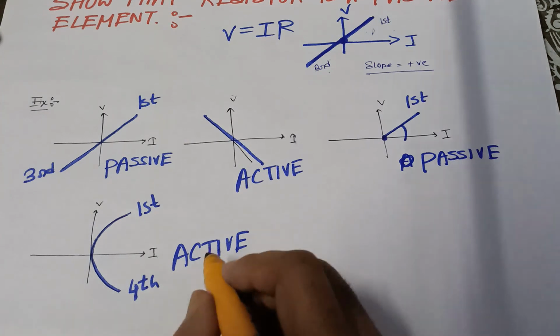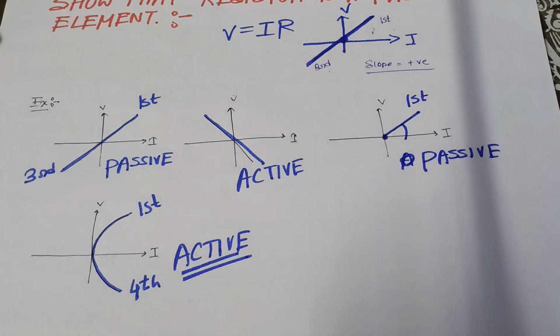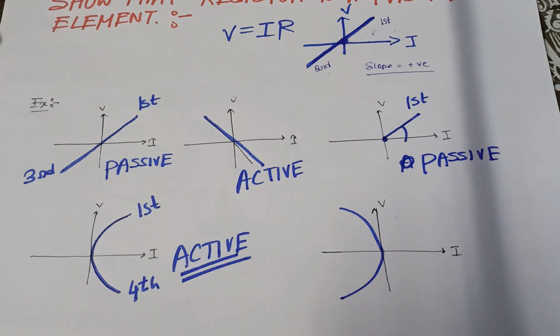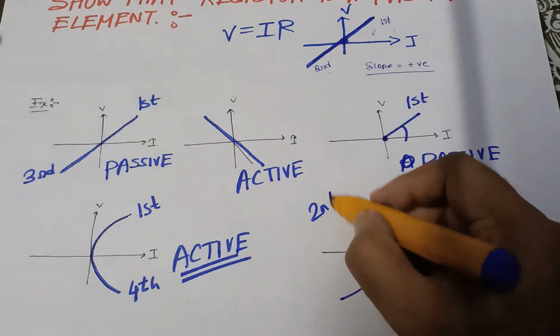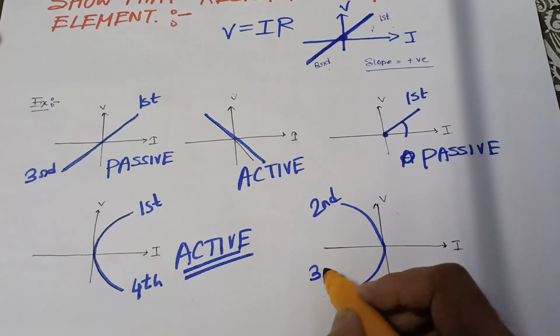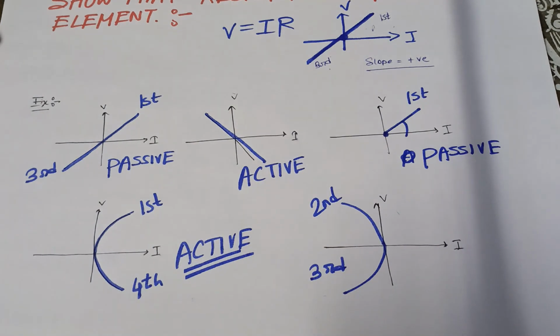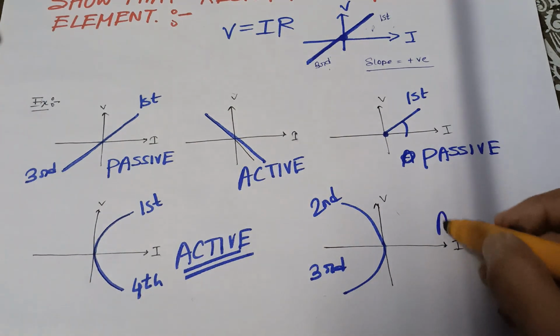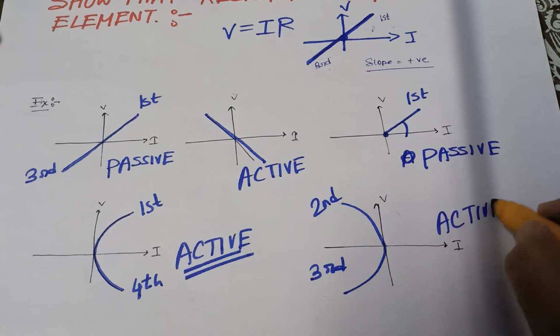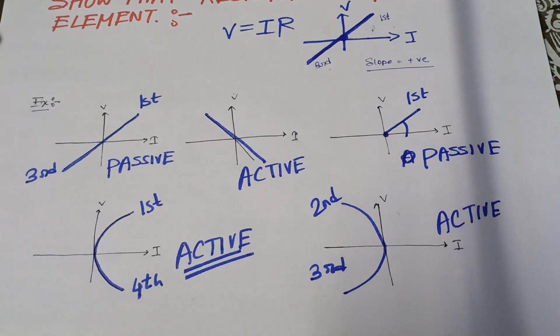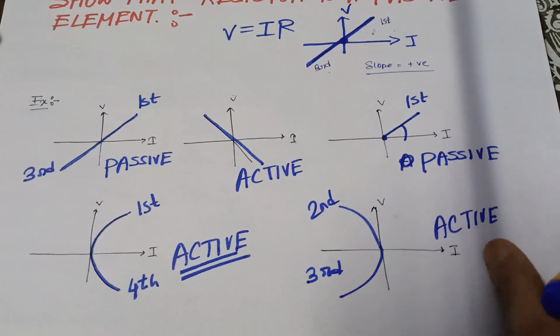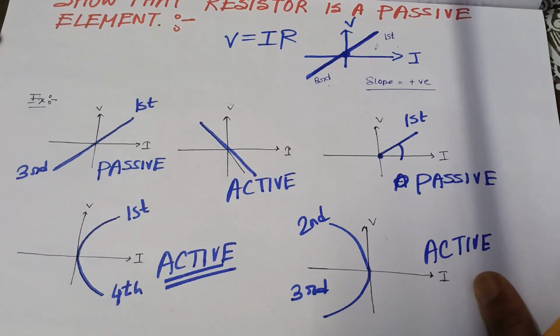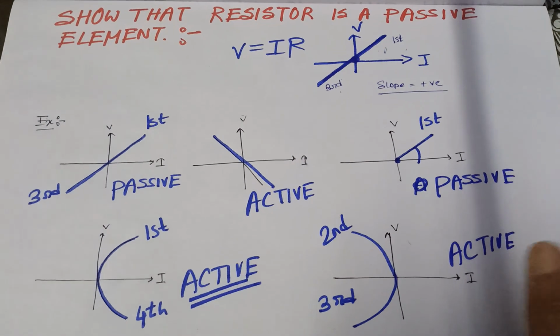So this will be active, okay. Like this graph also, this graph is lying on second and third quadrant, so here also it will be active, okay. So this is how you can tell from a graphical analysis whether the element is active or passive.